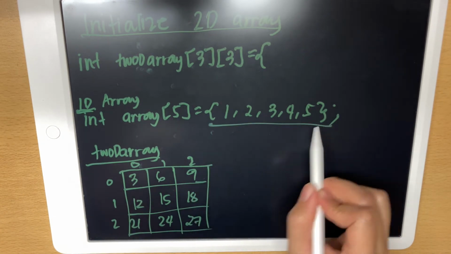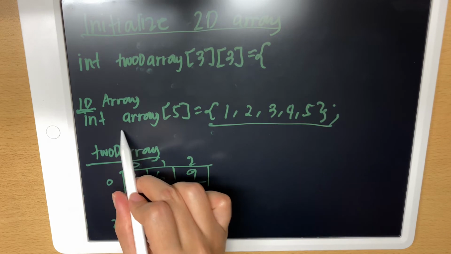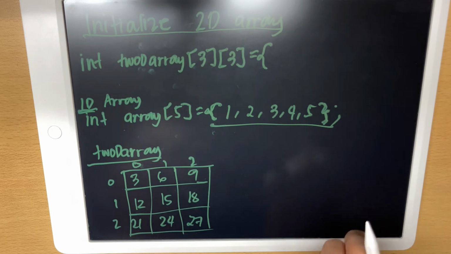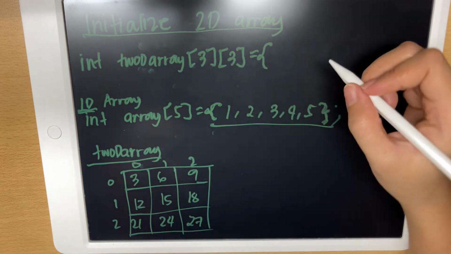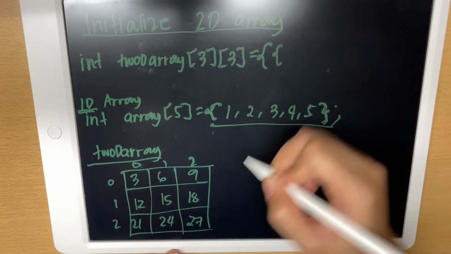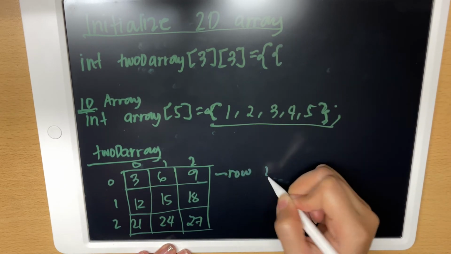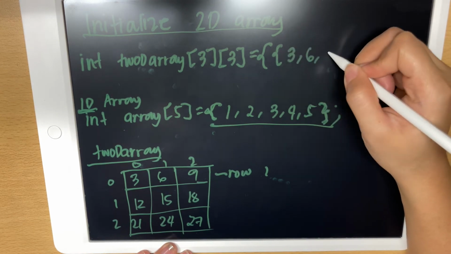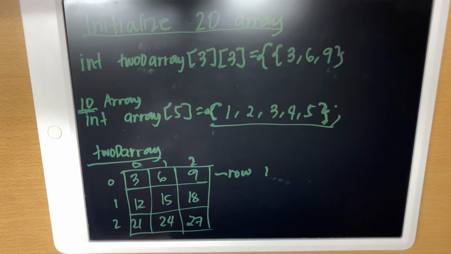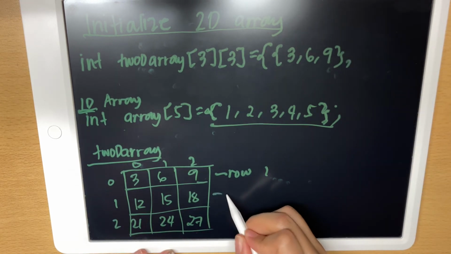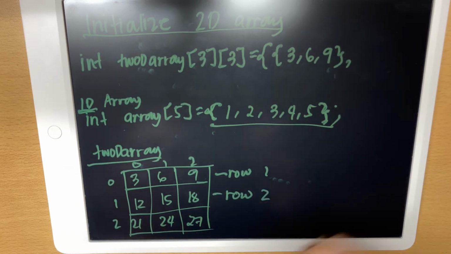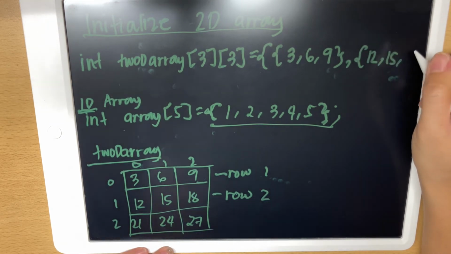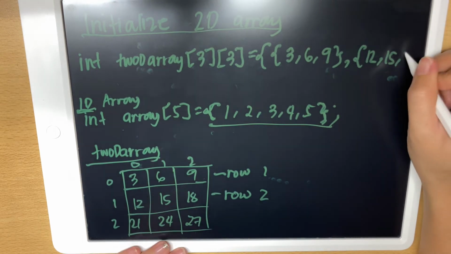So as you can see here, if you have one array or one-dimensional array, we enclose it with a brace. So here, since it's a 2D, so for the first row, we'll have the values of 3, 6, and 9. And we have here on the second row, we have 12, 15, and 18.